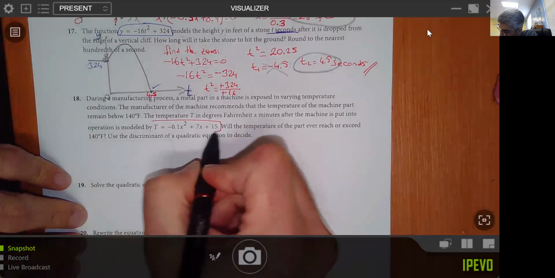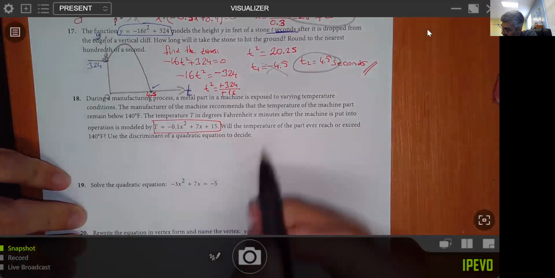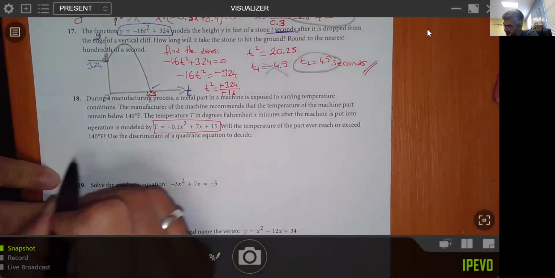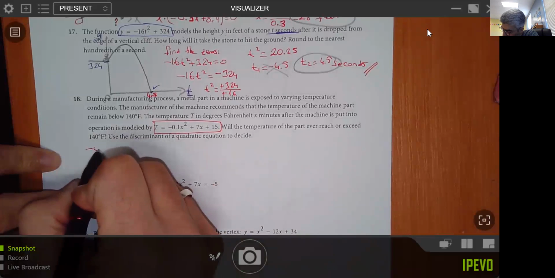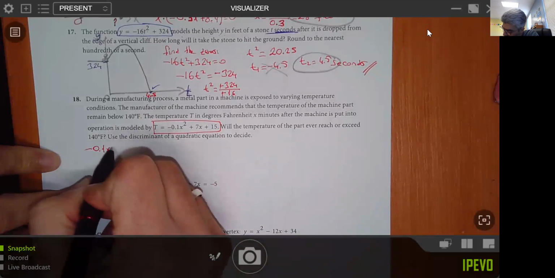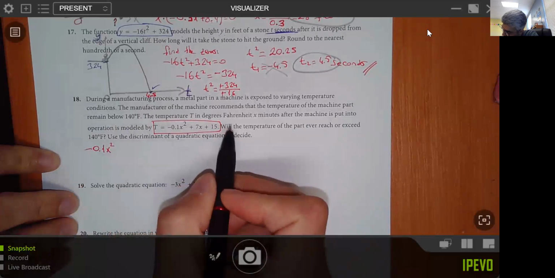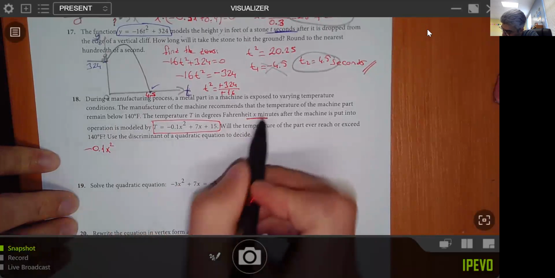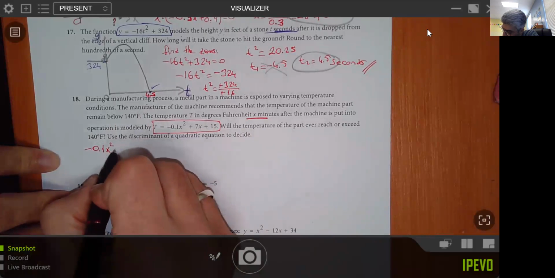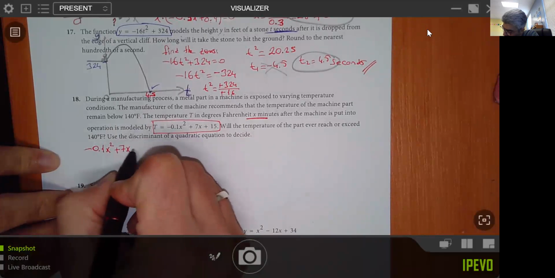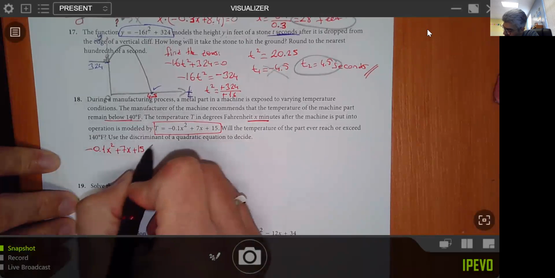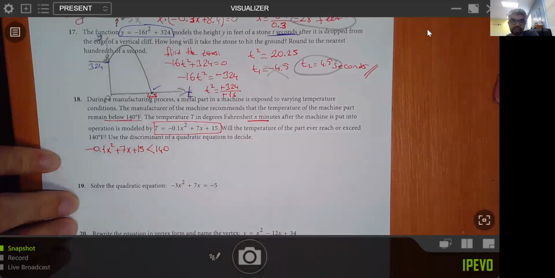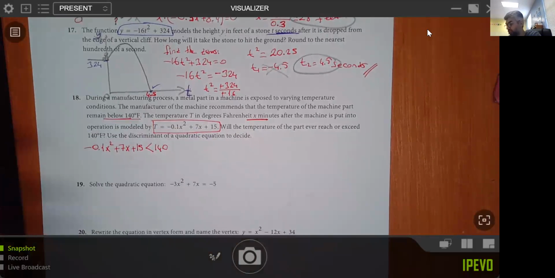The function is given. So what does the manufacturer ask? This should be negative 0.1 x squared, where x is time in minutes, plus 7x plus 15, below 140. It asks this one, but not the question, the manufacturer.